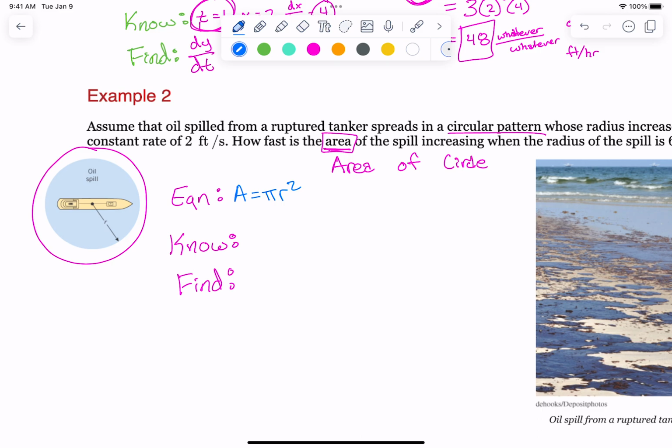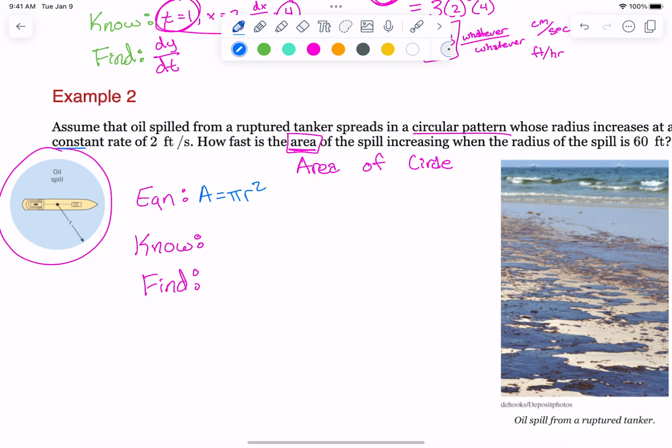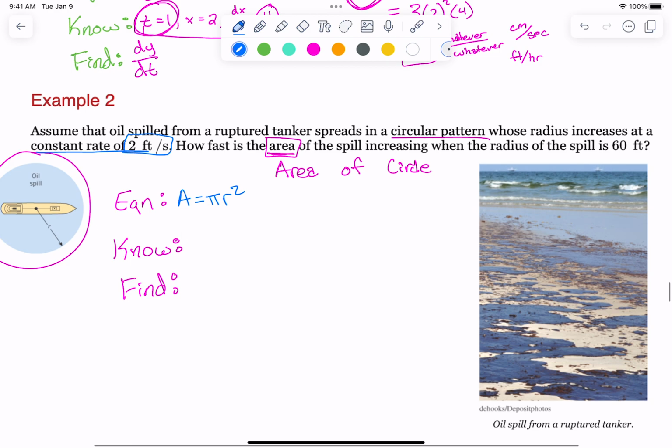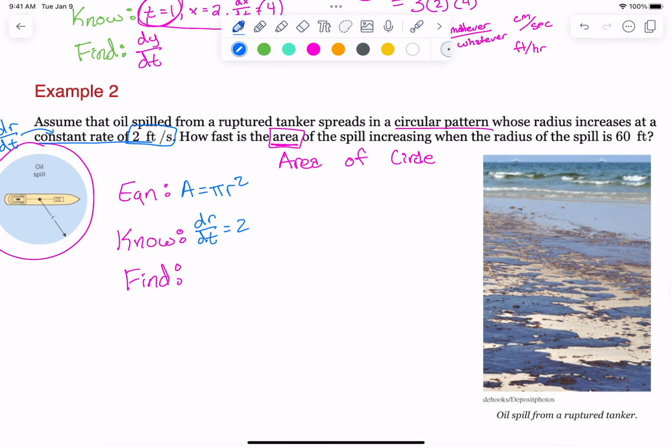Okay, things that we know. Whose radius increases at a rate of 2. What is increasing at the rate of 2? The radius. So radius increases at a rate, that's dr/dt. We know dr/dt equals 2. How fast is the area increasing?